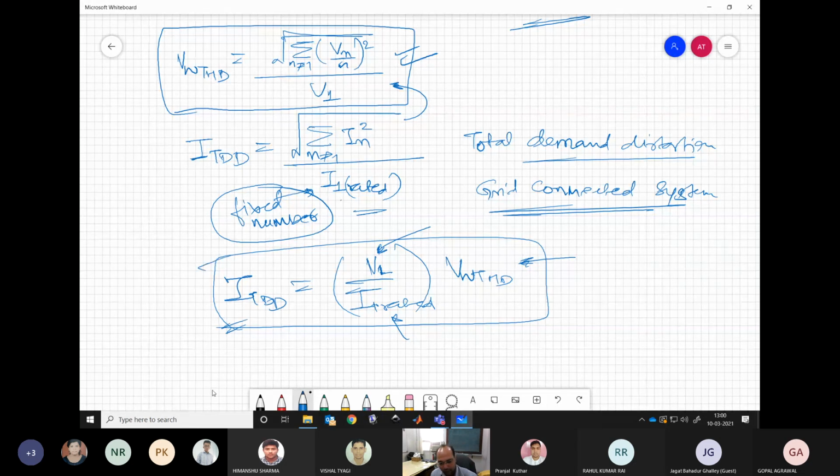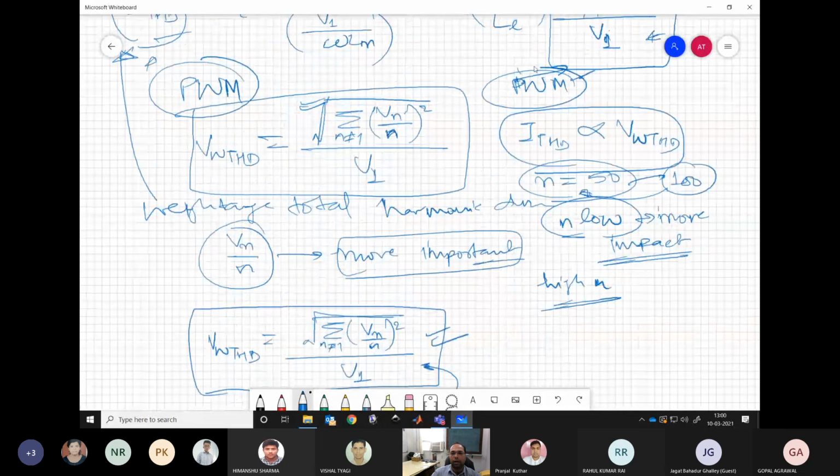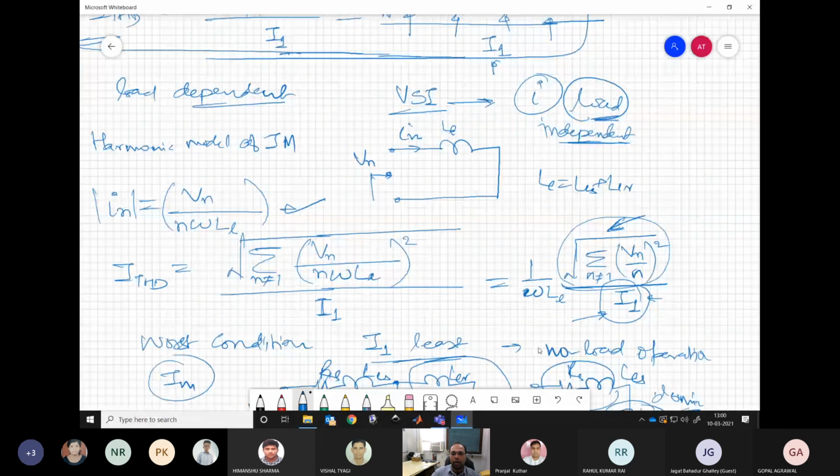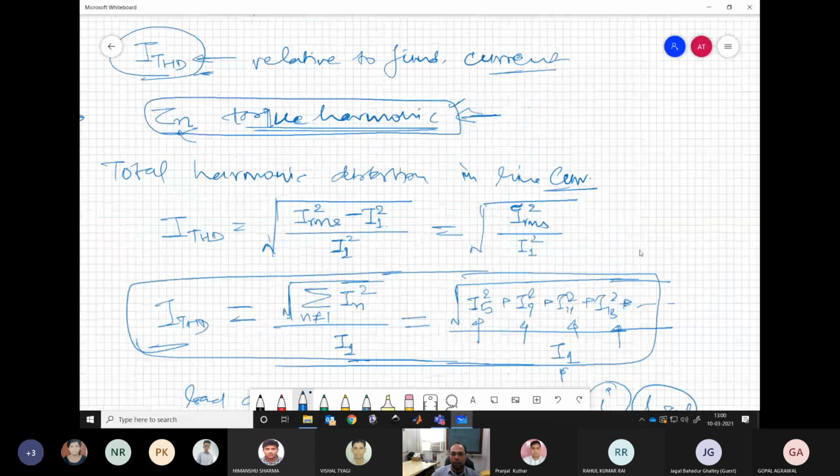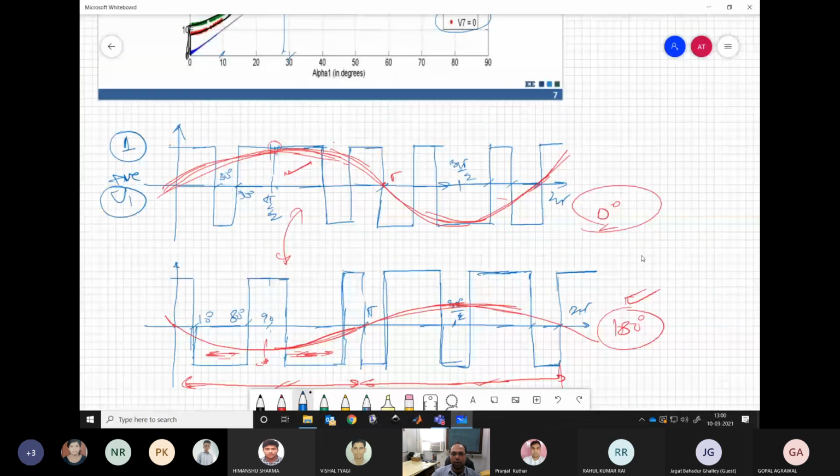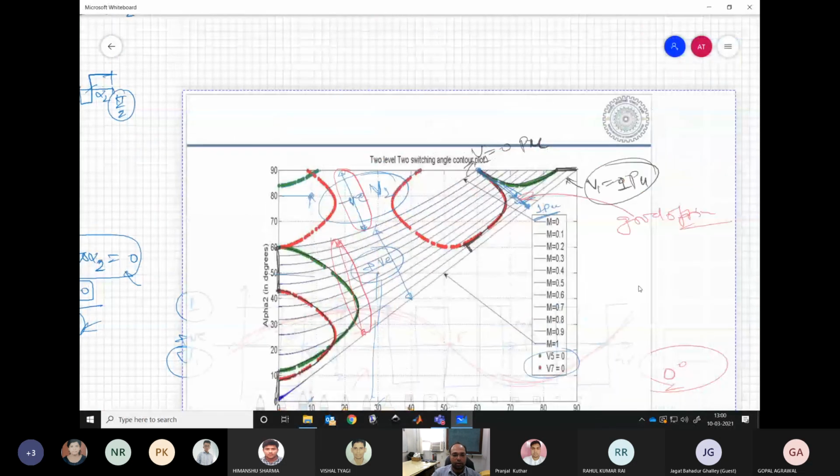These are all different ways we judge any PWM technique, how good it is or what advantage it is giving to us. Based on this only, we have any reasonable design of the PWM technique. By design, I mean how we traverse from the V equal to 0 per unit point to V equal to 1 per unit point.